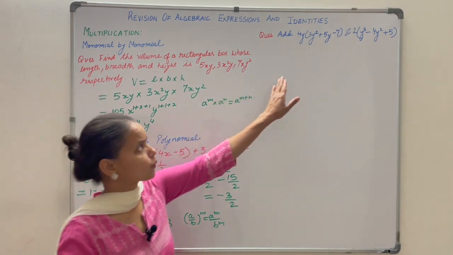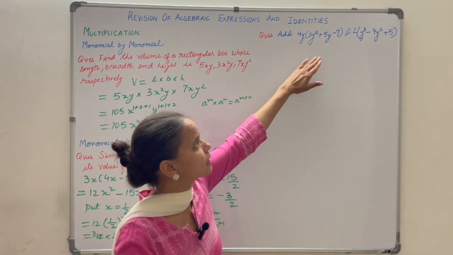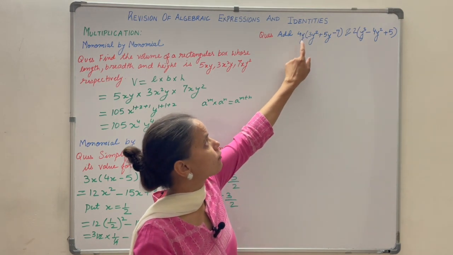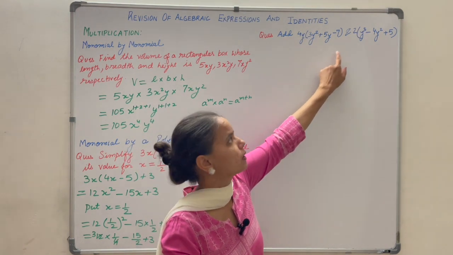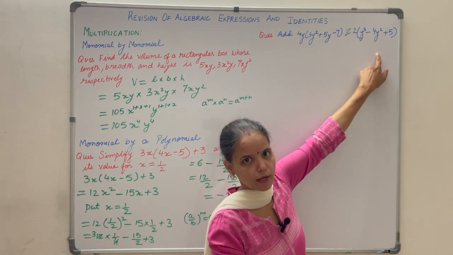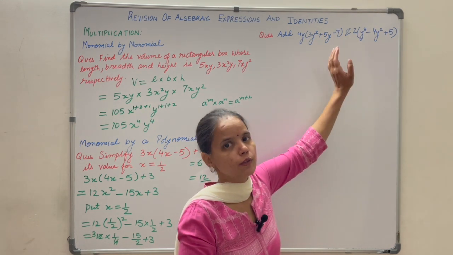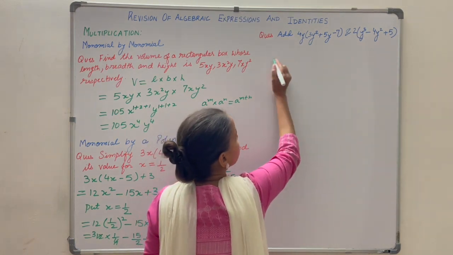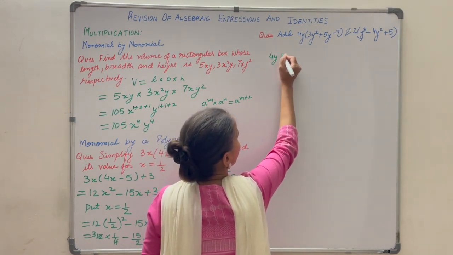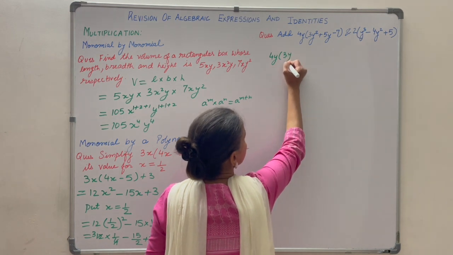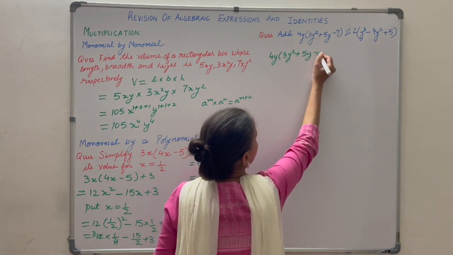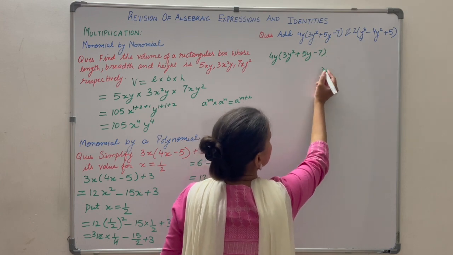Now let us take this question. You have to multiply this expression. It's a multiplication of a monomial by a trinomial. Here also we are going to use the distributive property to solve this. So let us first simplify this. 4y in brackets 3y square plus 5y minus 7.